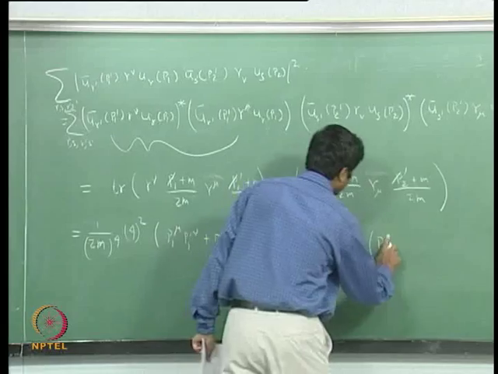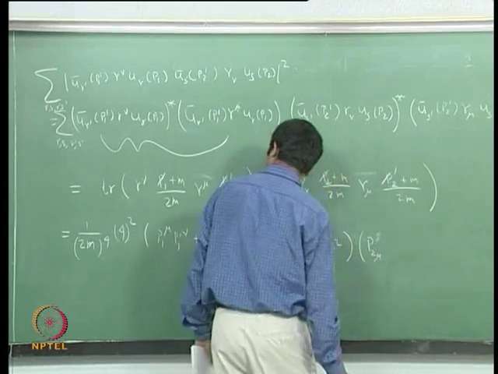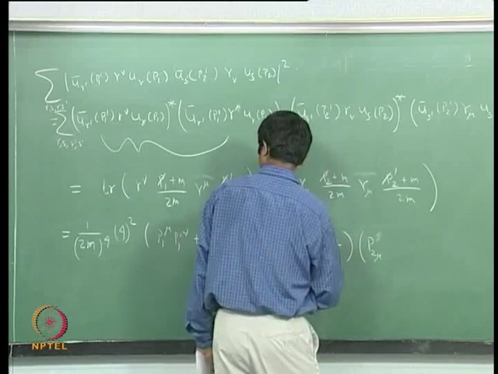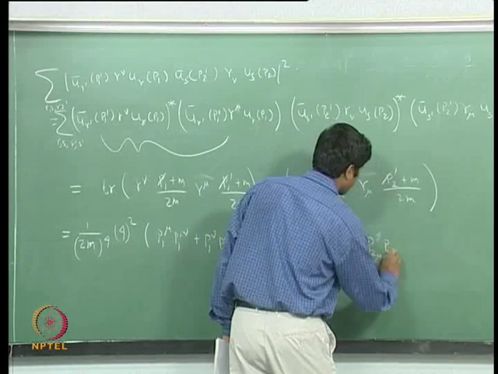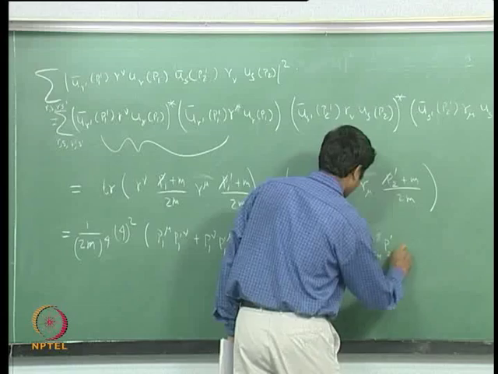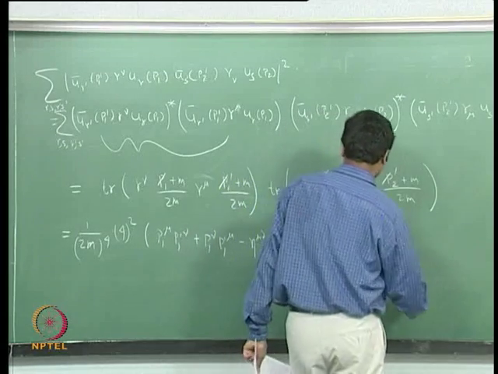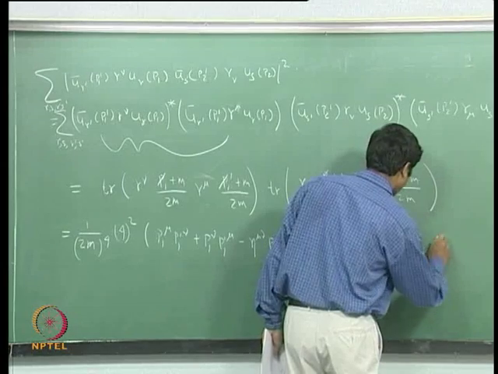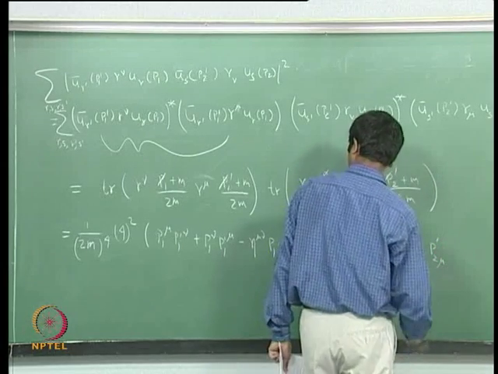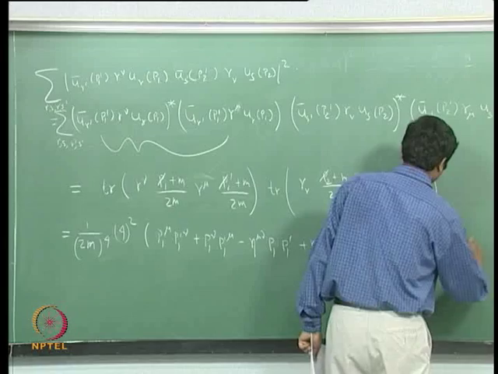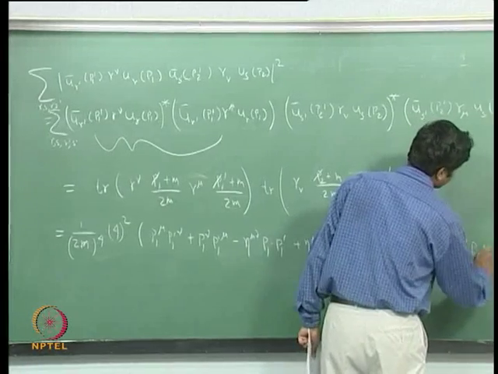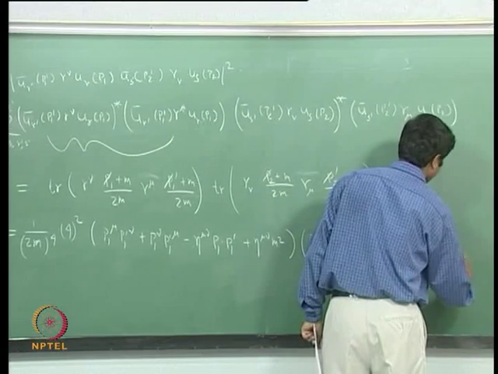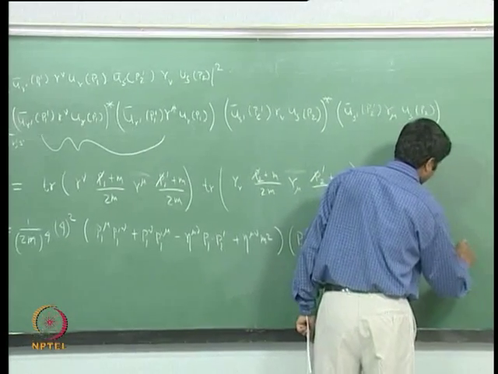So, the mu and nu are now covariant indices, and instead of P1 prime, I will get P2 prime nu plus P2 nu P2 prime mu minus eta mu nu P2 dot P2 prime plus eta mu nu m square.